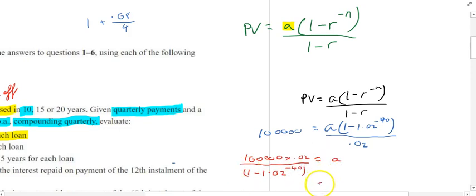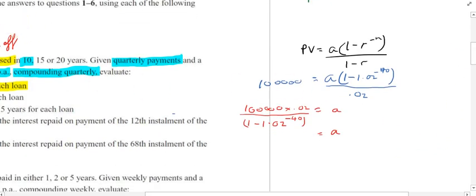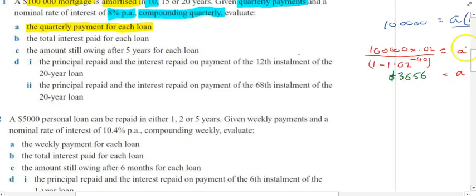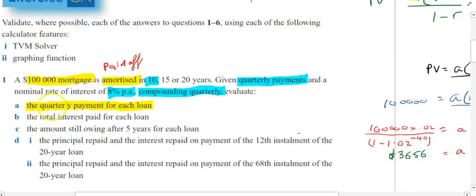That'll be our A value. Type that into your calculator and you'll get an answer. And repayments of 3656. There's probably some decimals in there. If you do this question, make sure you throw the decimals in, but I'm rounding because I'm lazy. Okay, so that's part 1 of a much larger question, finding the quarterly payment for each loan.